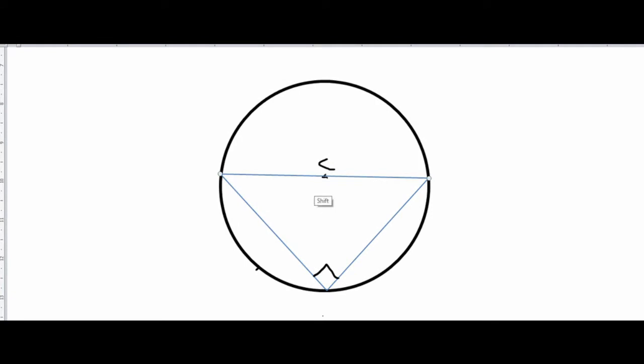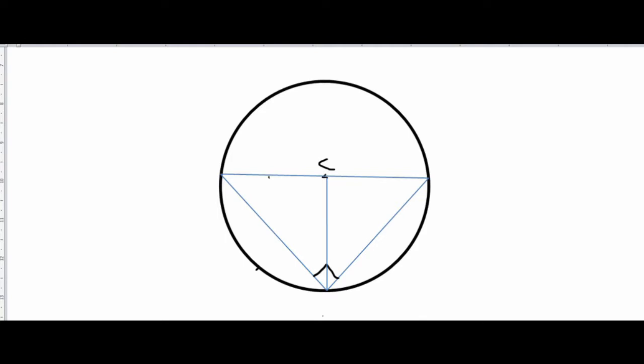If I join the center to the right angle here, like that, what we can then see is that we end up with two isosceles triangles, and we can start labeling the angles in the triangle.